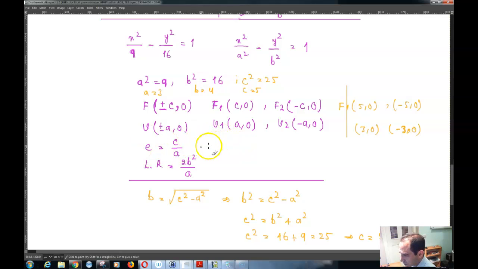Your eccentricity is equal to C divided by A, which is 5/3. And the length of the latus rectum would be equal to 2 times B squared over A, 2 times 16 over 3, so that's 32 thirds units.